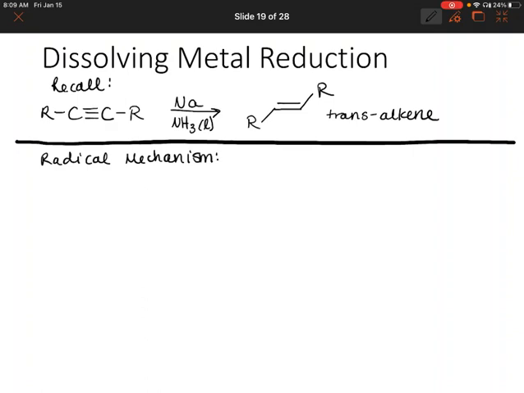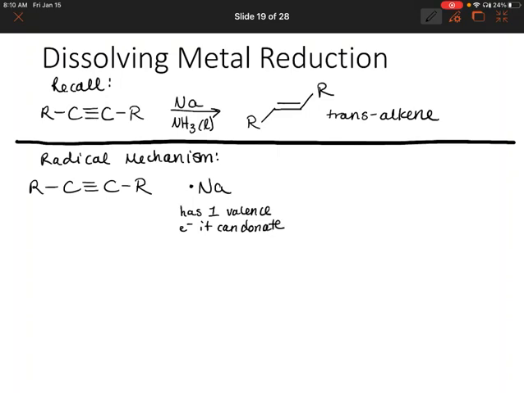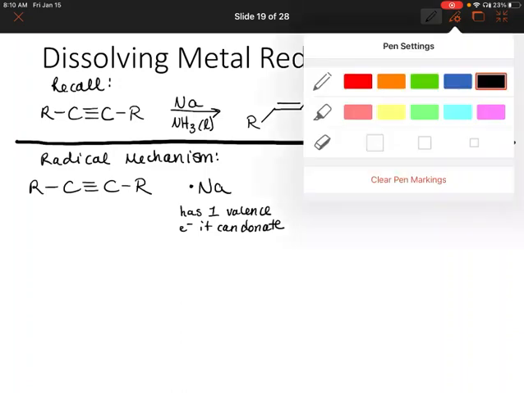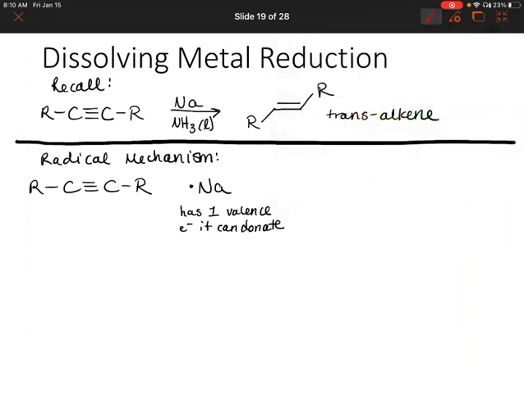All right, so the first thing that happens is sodium has one valence electron that it can donate. So it is going to donate its electron to carbon.